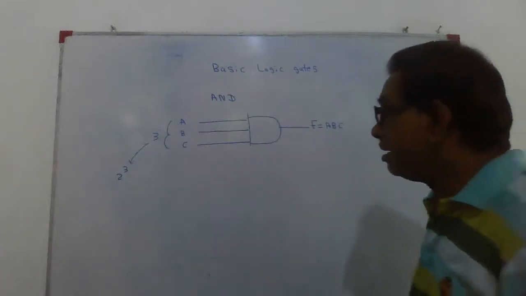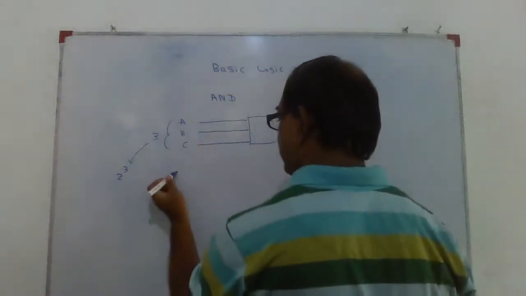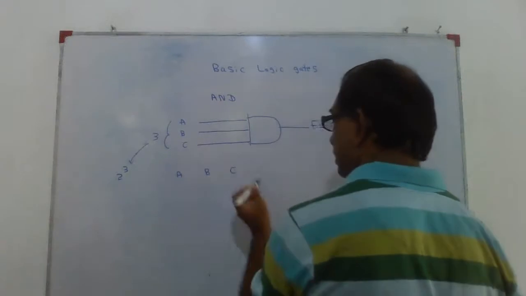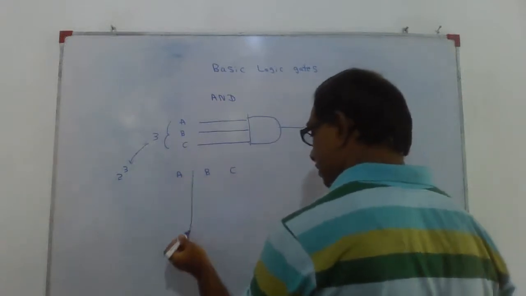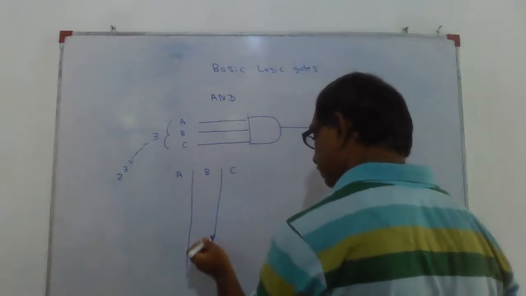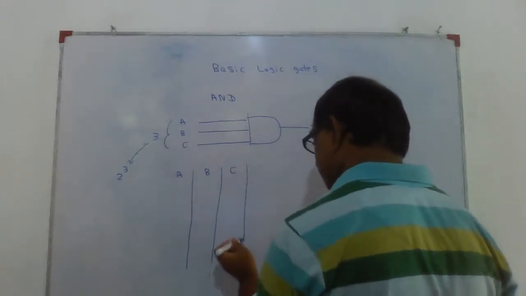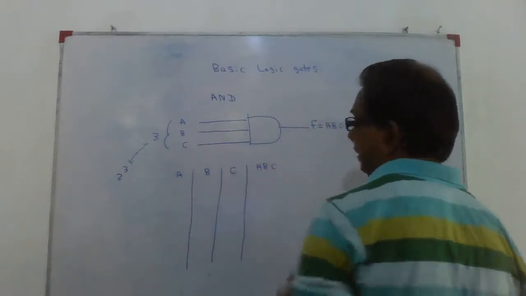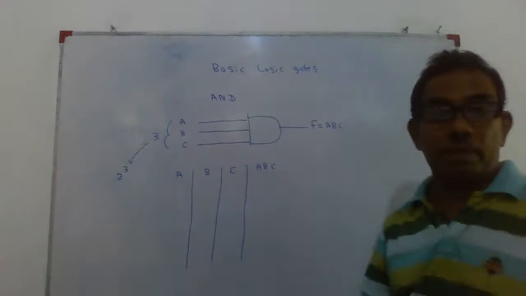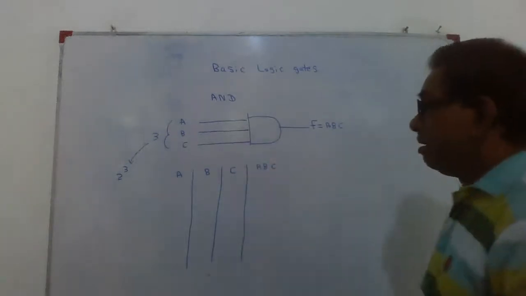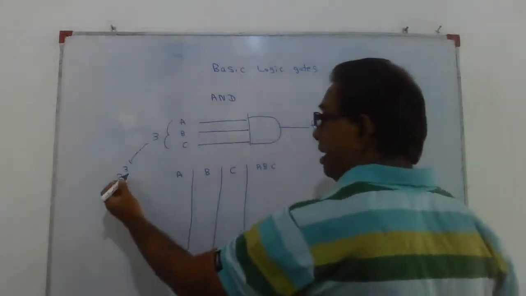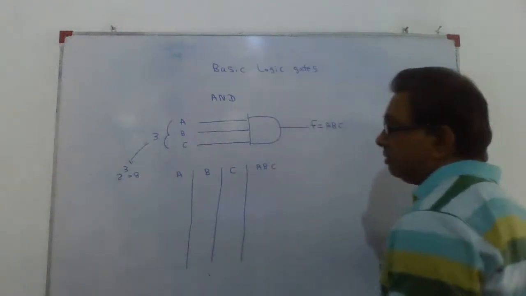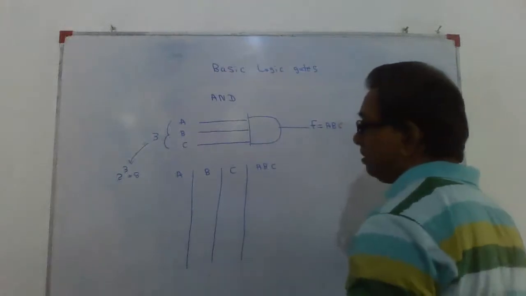We need a truth table with A, B, C as the inputs, and the output is A AND B AND C. So we have a different truth table now.